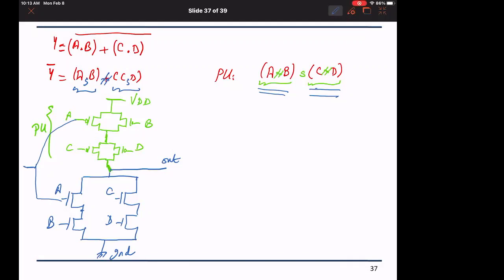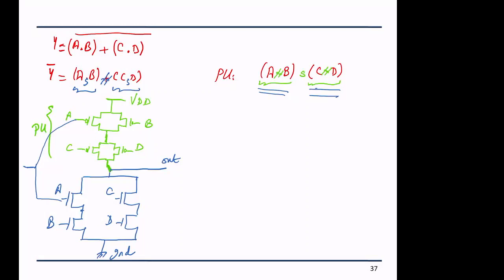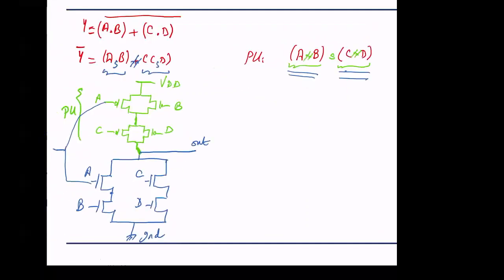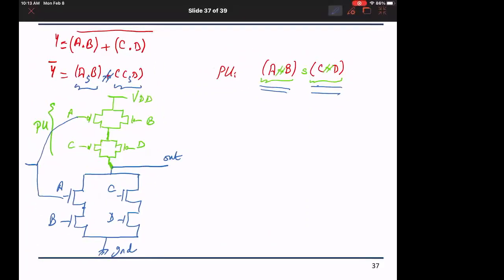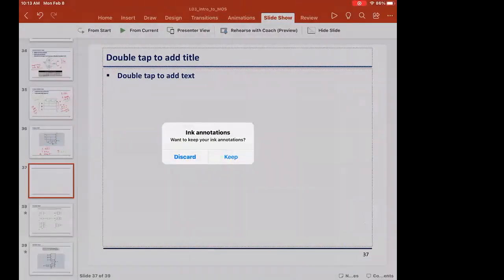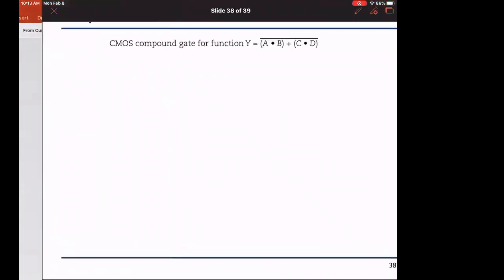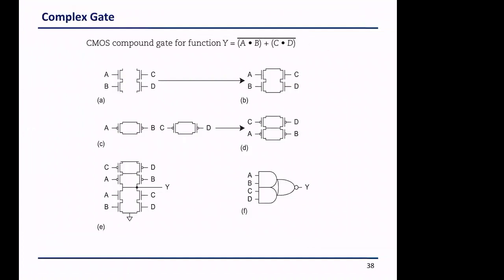Okay, so this is the rule how we build the circuit for a given logic gate, okay? So here on the next slide, we see here how this was done. So for the pull-down network, we took A and B and C and D and we put them in parallel.